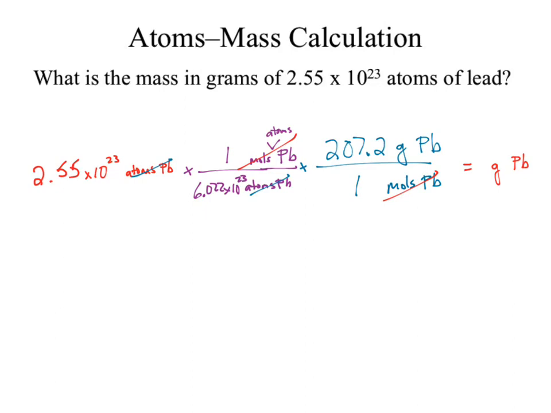Your calculator spits out 8.773 and then 8.7738 times 10 to the 47th.